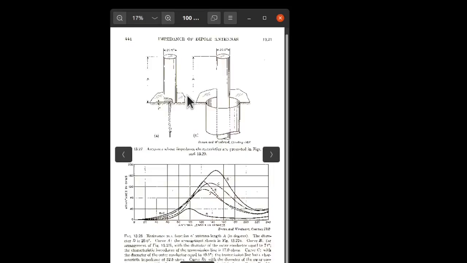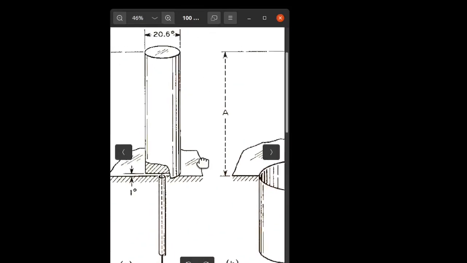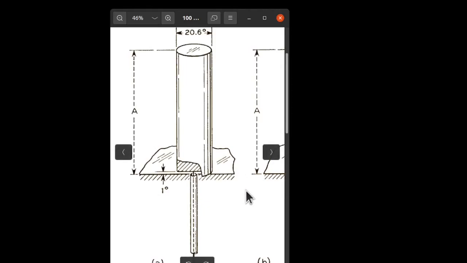So again, let's zoom in and look at this structure in particular. Let's say that this is for a 10-meter monopole, fed at the bottom between this ground plane, which would be your radial system, and 1 degree above, or 1/360th of 10 meters, which would be, well, I'm not going to do the math in my head, but let's just say a few inches, if that.